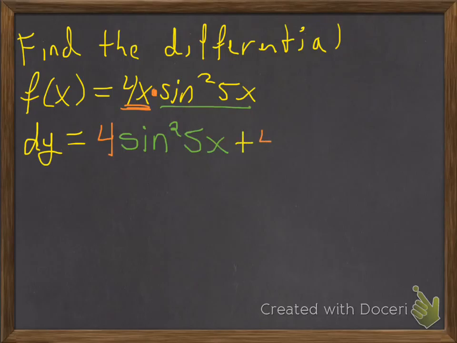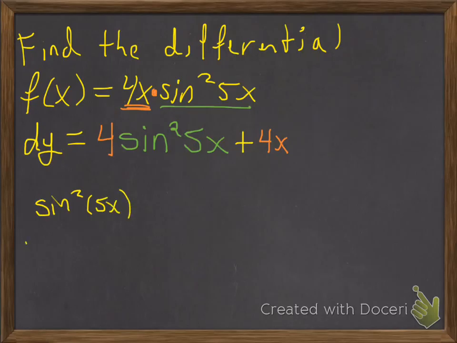In the context of doing the product rule, it's the derivative of the first function, which is the 4x, which has a derivative of 4, times the second function, plus the first function, which is 4x, times the derivative of the second, which is the sine squared of 5x.